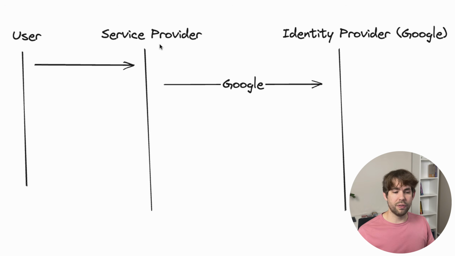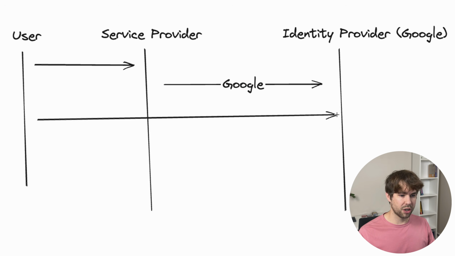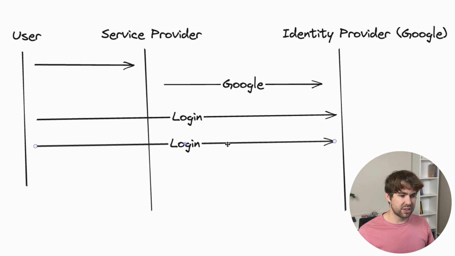Google has to know all of these things. Now, when the user shows up on the Google identity provider, they're going to be asked to log in. Now, most people aren't going to have to do this step because they're already logged into Google. This is one of the nice things about using a well-known identity provider is that most of the time they're already logged in, so they don't need to explicitly do this step.